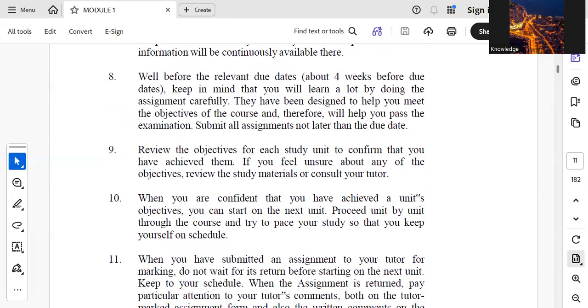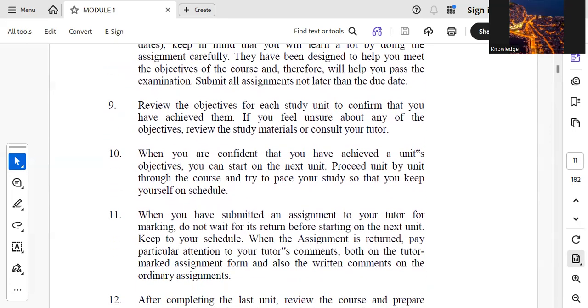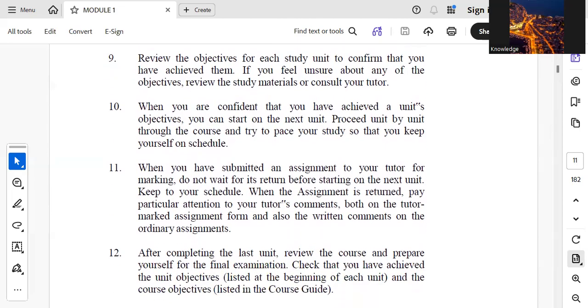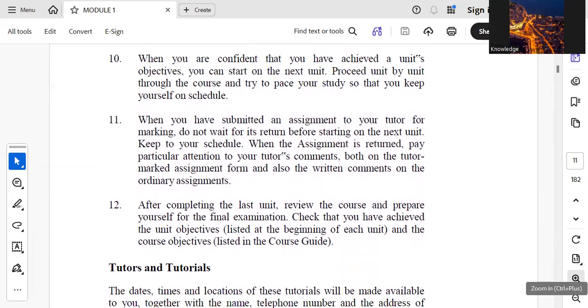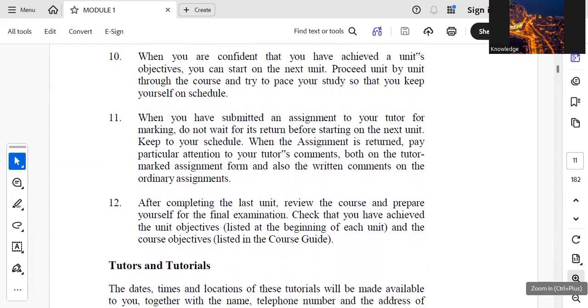Review the objectives. When you are confident that you have achieved a unit objective, you can start on the next unit. So when you have submitted an assignment to your tutor for marking, do not wait for it to return before starting the next.